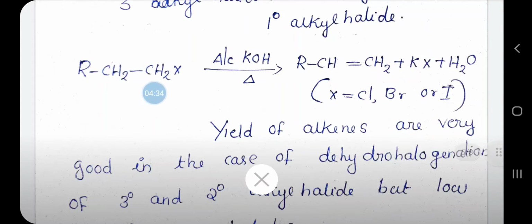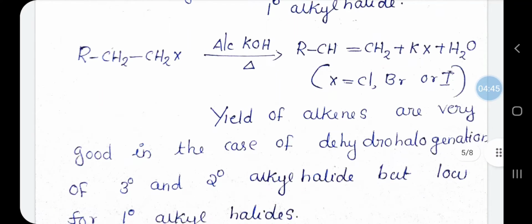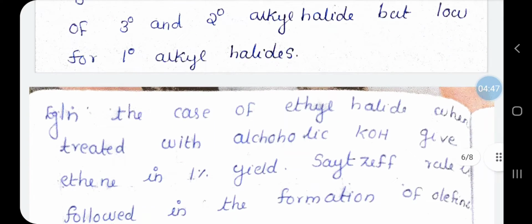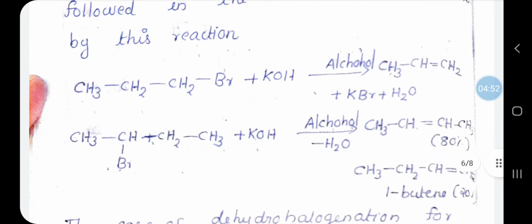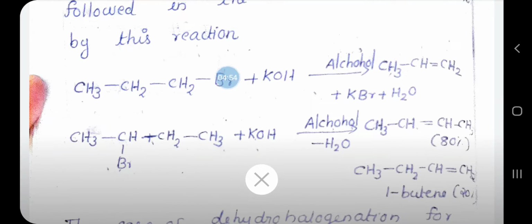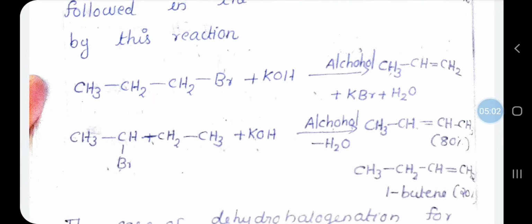So when a primary halide is treated with alcoholic KOH and heated, the corresponding alkene will be produced by the removal of KX and water. Here also, according to Saytzeff's rule, the reaction takes place for an alkyl halide treated with KOH, and the corresponding alkene will be produced.